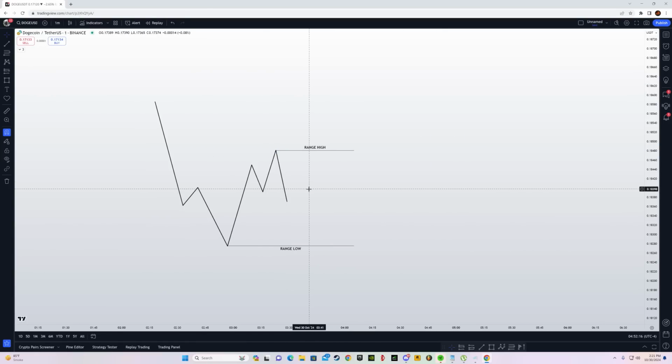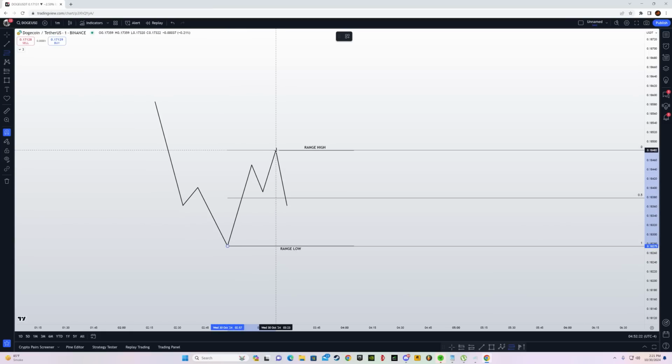Right. Now the second step for this range high to be valid is you need to use your Fibonacci from range low to the range high. And this move must come back to around 0.5 level. When we have a significant market structure shift, it must reach the 0.5 level. Okay, that is rule number 2.